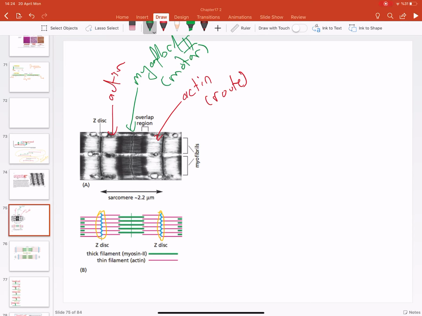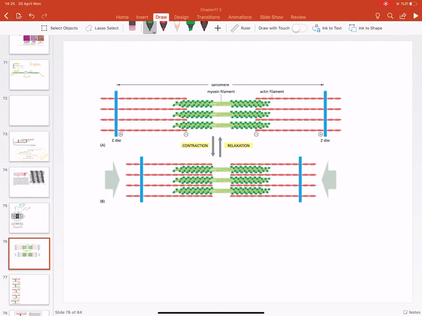So when you supply energy, when it finds ATP, these myosins will walk on the actin. So these guys will walk in this direction, and these guys will walk in this direction. So they are pulling in two opposite directions.